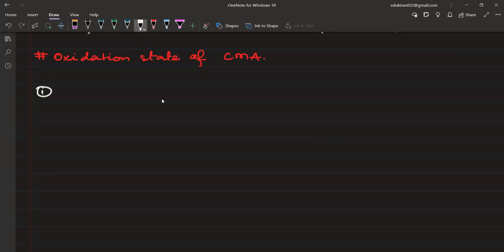I'm starting with an example. Please write the example. Ni(NH3)6Cl2. Whenever you get a complex compound, you will first of all identify the counter ion.